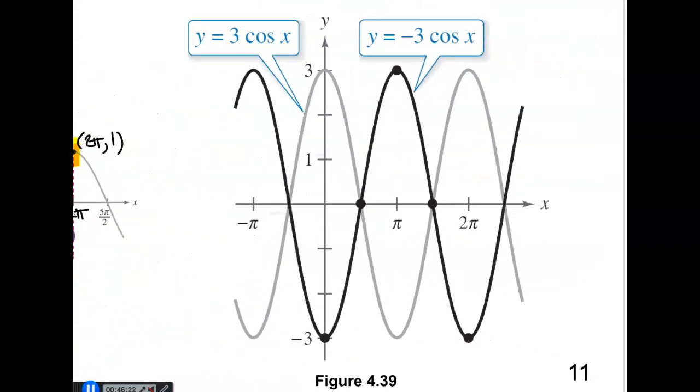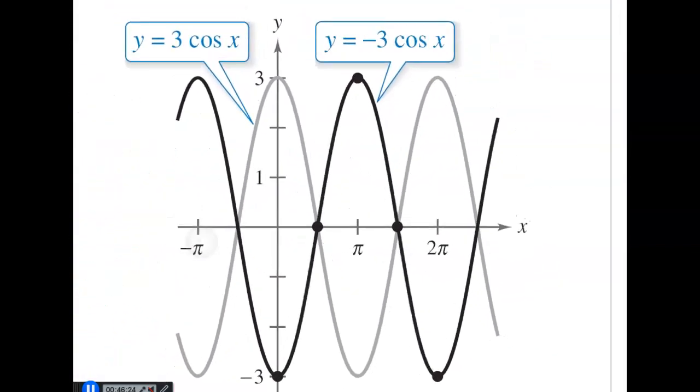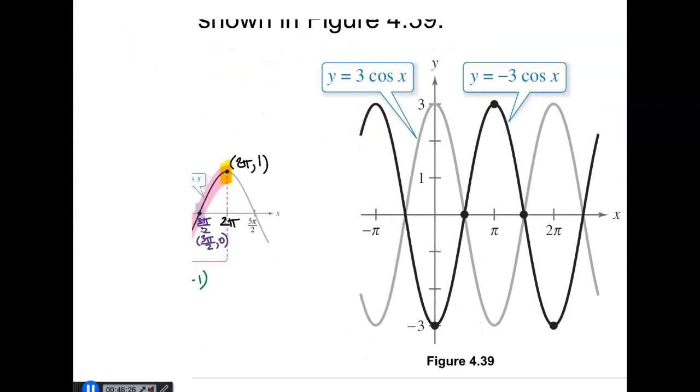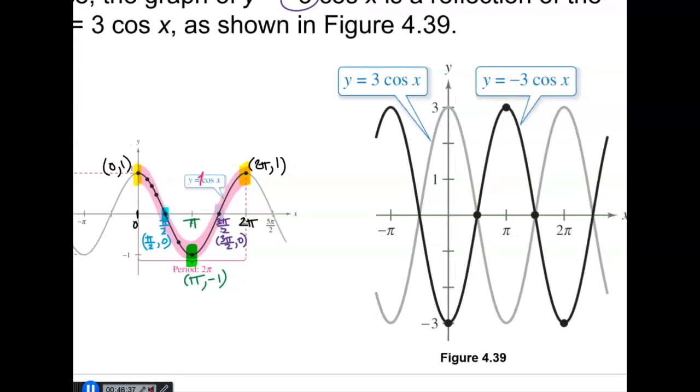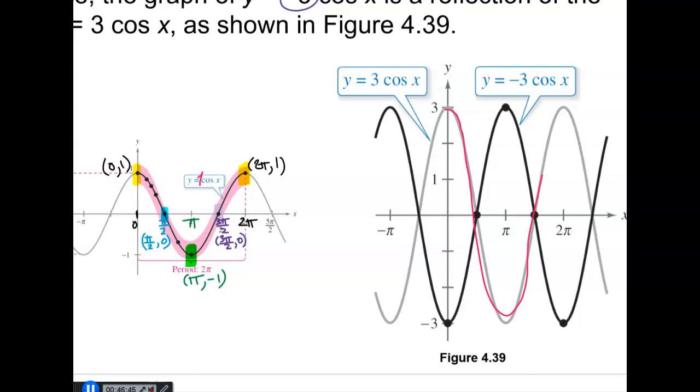So that's what we have here. Let's keep it here. It will follow the same shape as the previous one, and you could see that here. I'm going to trace it. It looks gray, so I'm going to trace it with pink.